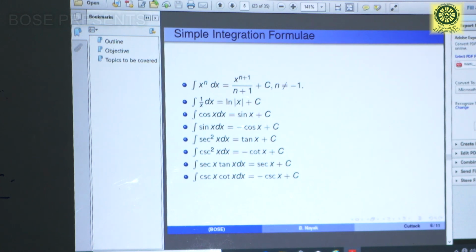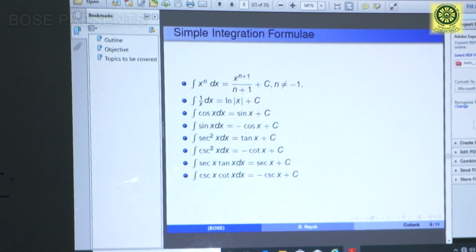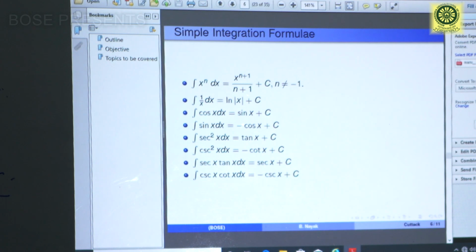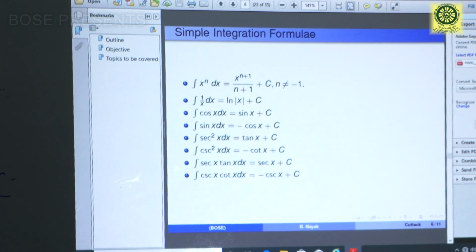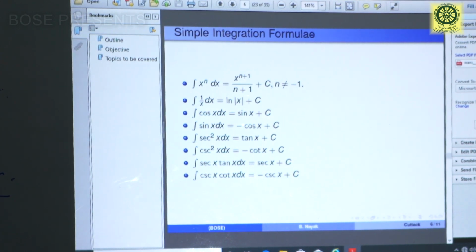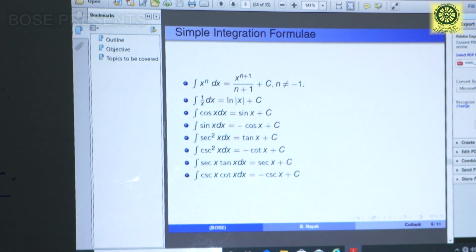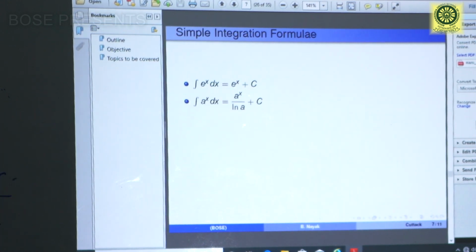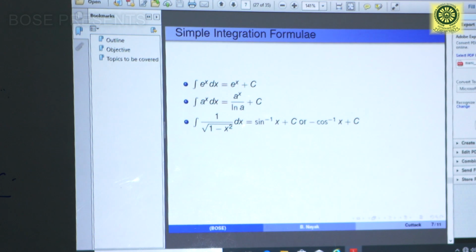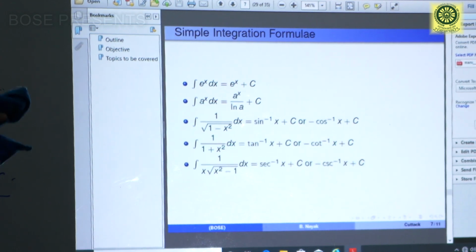Since the derivative of minus cosec x is cosec x cot x, the integral of cosec x cot x with respect to x is minus cosec x plus c. Likewise, you will get other integration formulas, which you have to memorize to do the problems on integration.